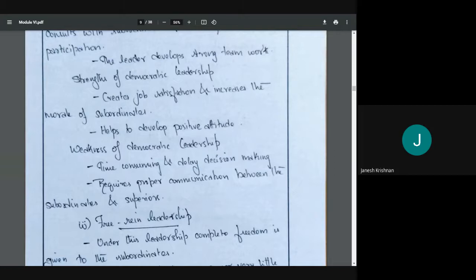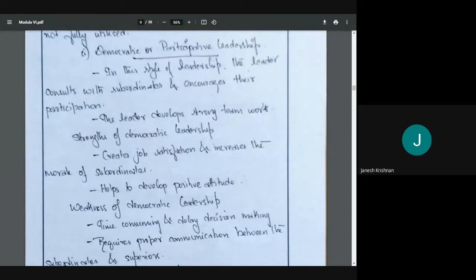We need to make 500 pens. Subordinate will say, yeah, problem. So there should be open communication. Proper communication should be there. So there should not be something lost in the interpretation. Everything should be clear cut. Clear? So authoritarian style, democratic or participative style. Right? So in democratic or participative style, what happens?